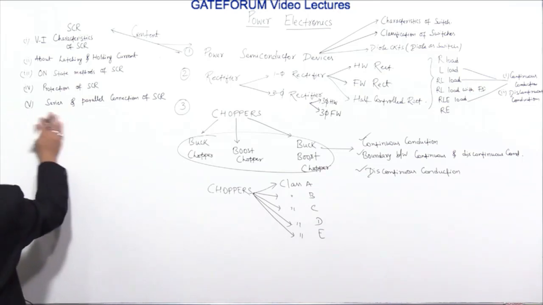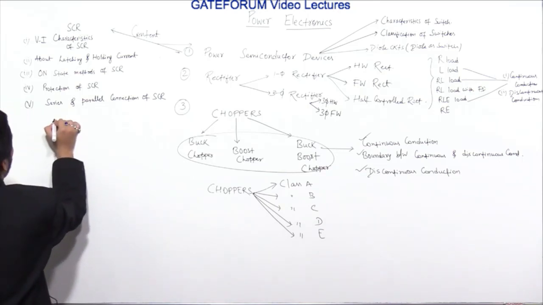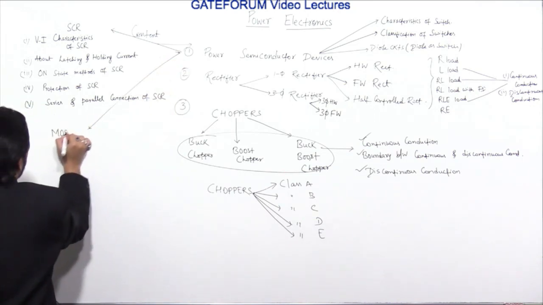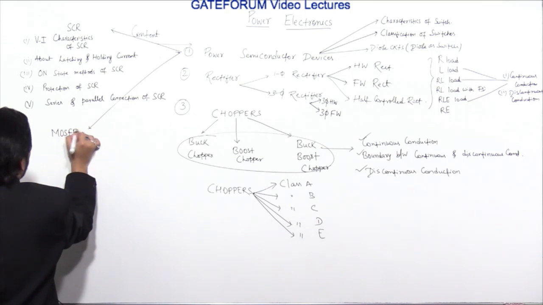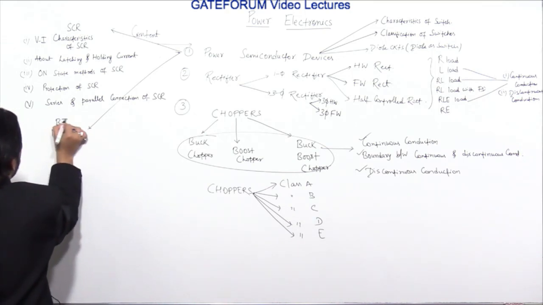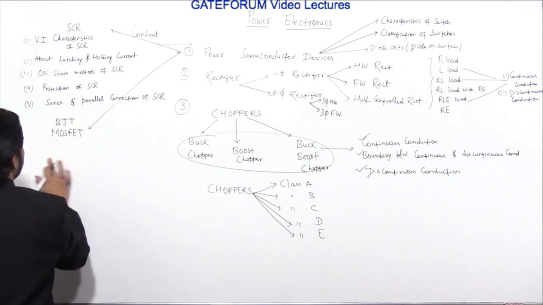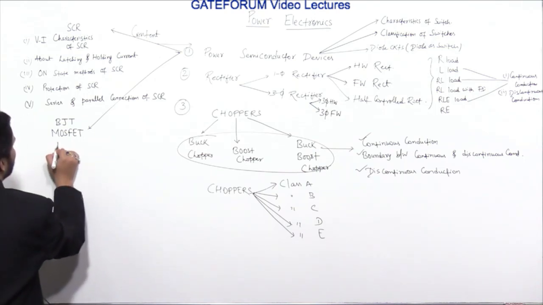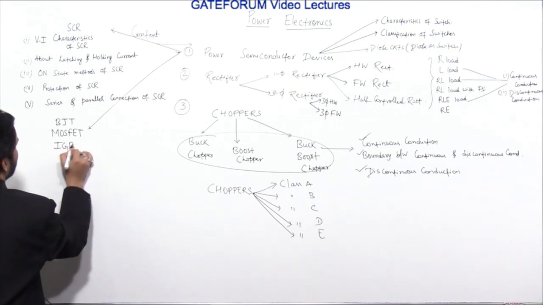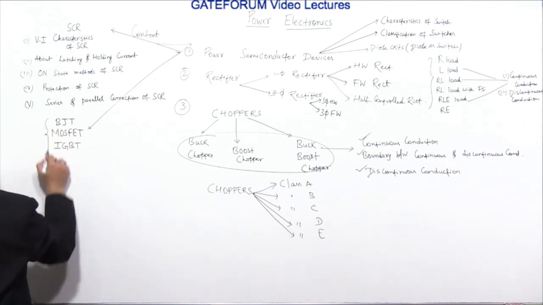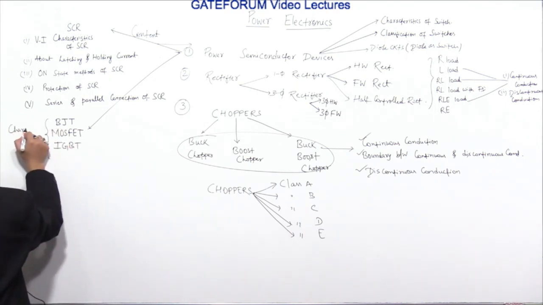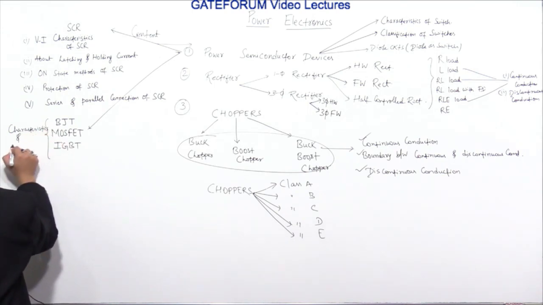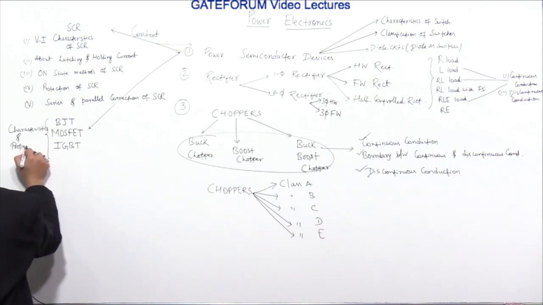Then we'll discuss MOSFET, BJT, MOSFET, and what more? IGBT. Okay, the characteristics and properties.